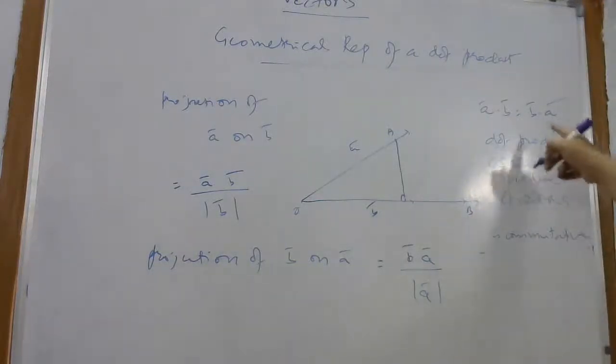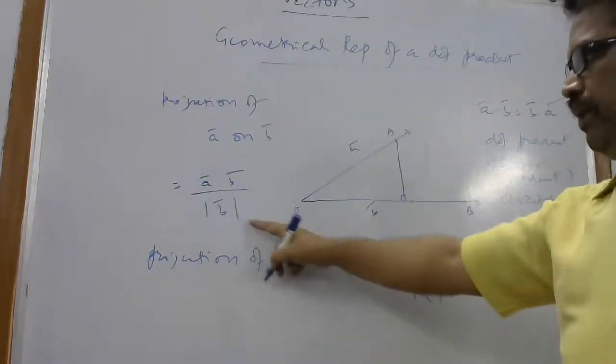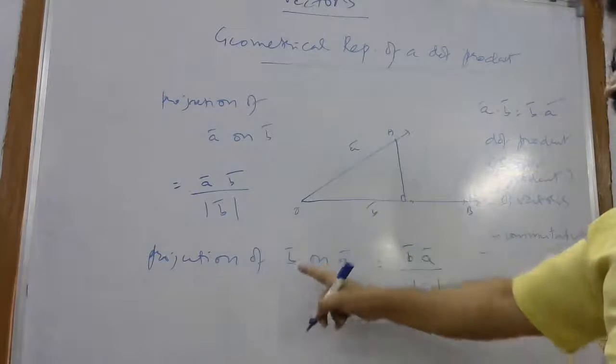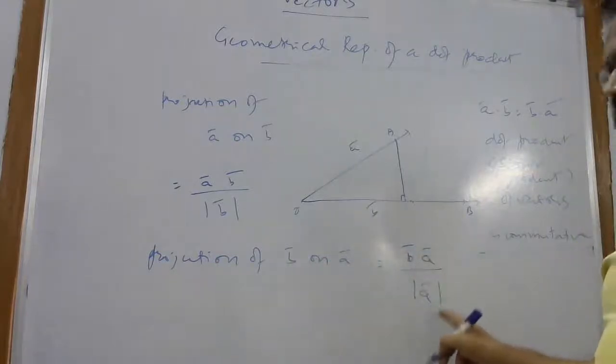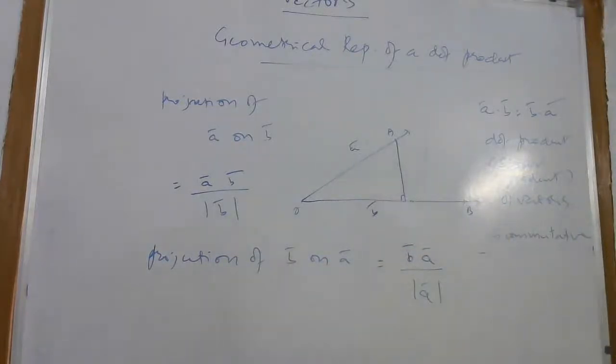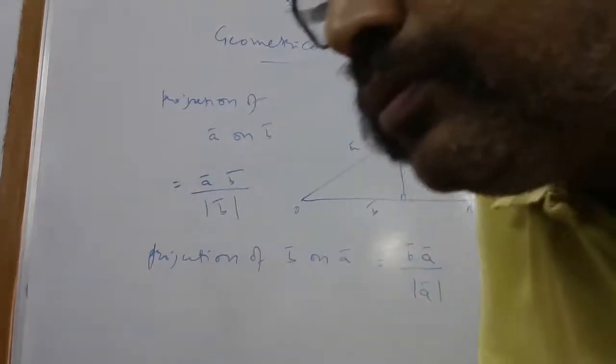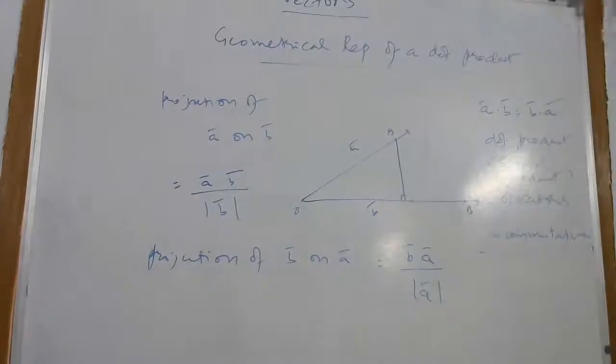Here the numerator is the same, but the denominator will change. Projection of a bar on b bar is a bar dot b bar by mod b bar. Projection of b bar on a bar is b bar dot a bar by mod a bar. We'll see an example on this. Note down. This is called the geometric representation of a dot product.